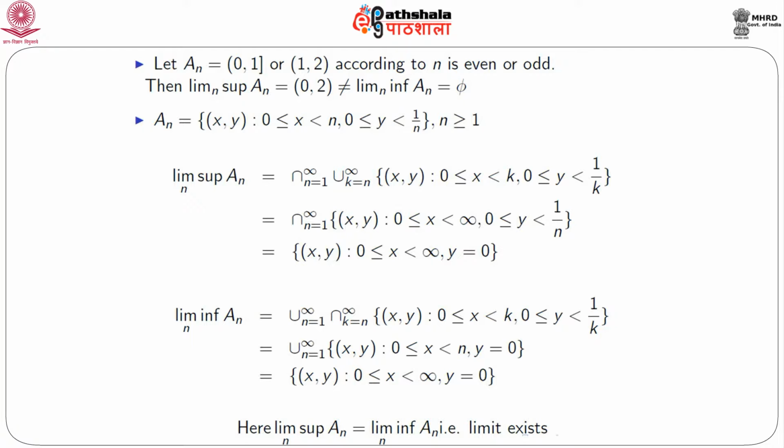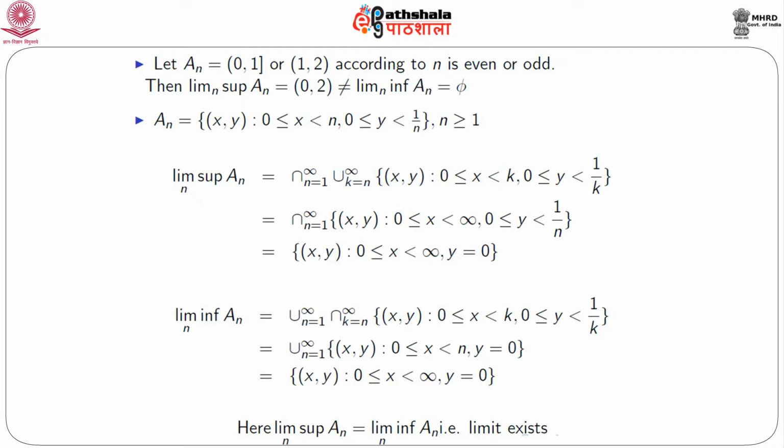If you take the union of the sets (0,1) and (1,2), you will get the set (0,2). But if you take the intersection of these two sets, you will get phi. So, after doing some algebra, it can be shown that the lim sup is (0,2), whereas lim inf is phi. These two are not equal.